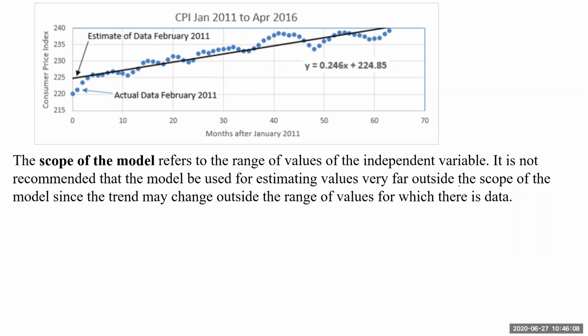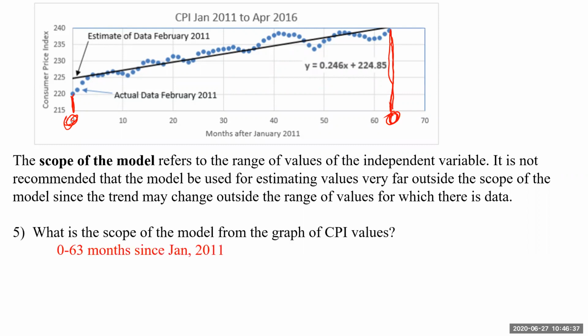When we talk about the scope of the model, it is where the first dot starts on your graph and where the last dot ends on the graph. You trace that to the x-axis, and the range of values there, this point and that point, are what we call the scope of the model.